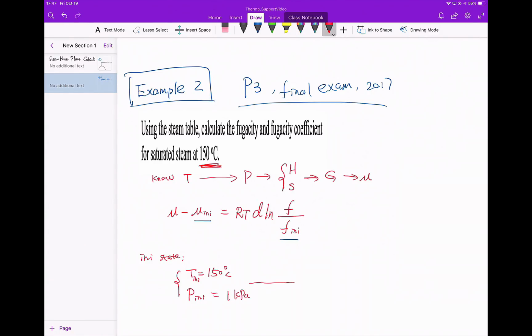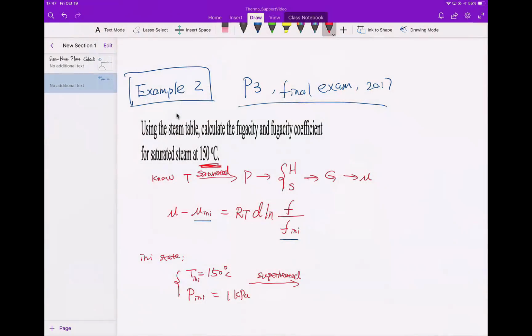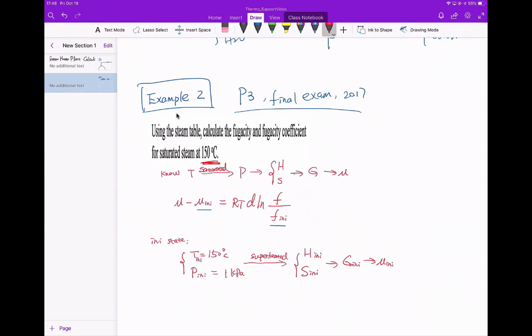Okay, and then of course this would be superheated. This is saturated. Okay, then you would have this H initial, S initial, you get this G initial, you get this mu initial. Alright, and then you finish your calculation.